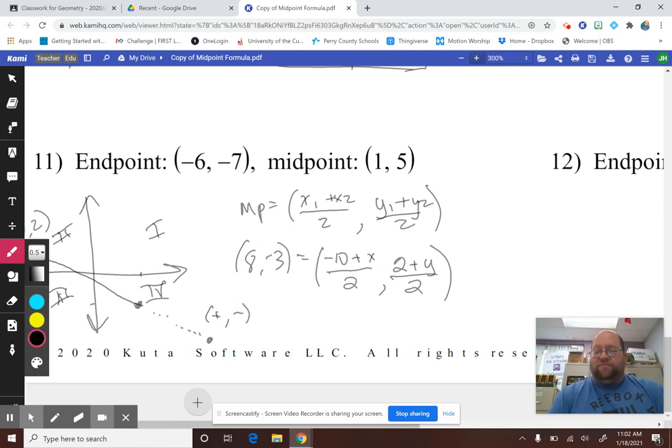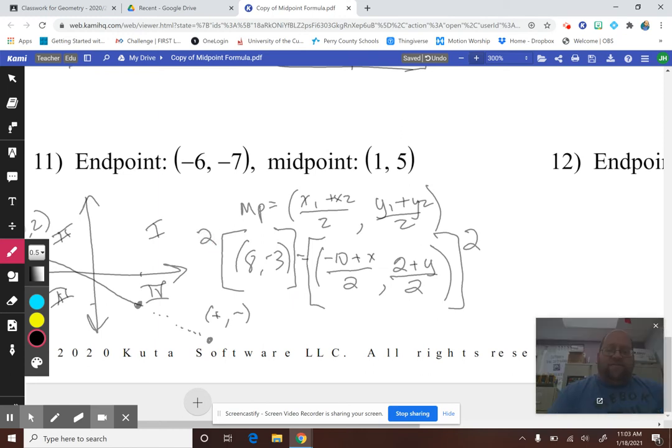It's making it almost impossible to do. So what I want you to think about is that there's no rule that says I can't multiply this whole part by 2, and that is going to get rid of those fractions. But the other part of that equation is that I must also multiply this whole part by 2.